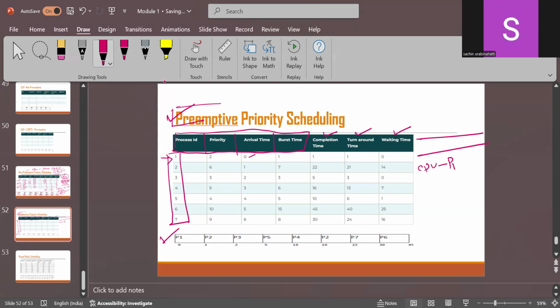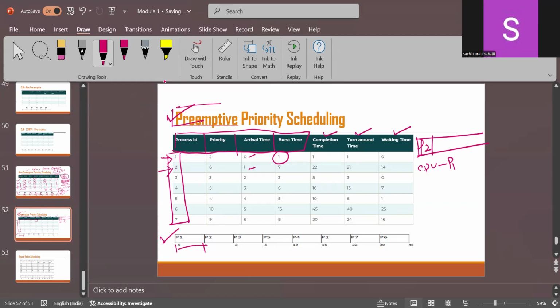When P1 is given the CPU, its burst time is just 1. Once P1 starts its execution, after 1 unit of time it checks whether any other processes are in the queue. At 1 unit of time, the next process P2 is in the queue. P1's burst time is just 1, so it has completed its execution.